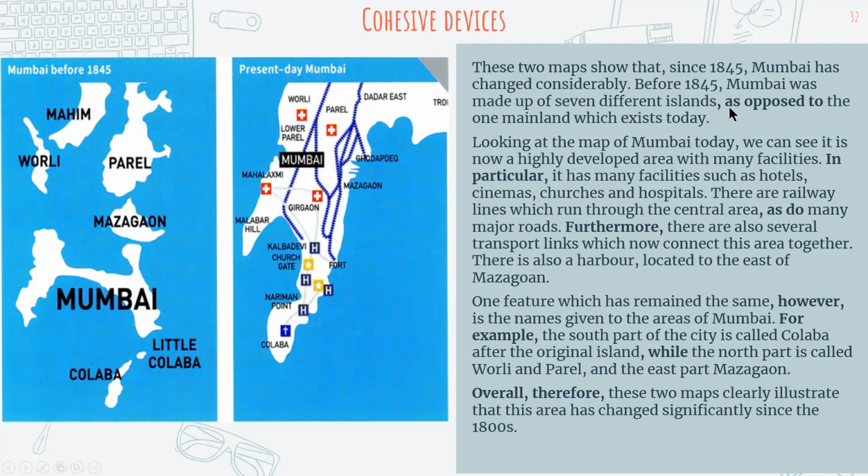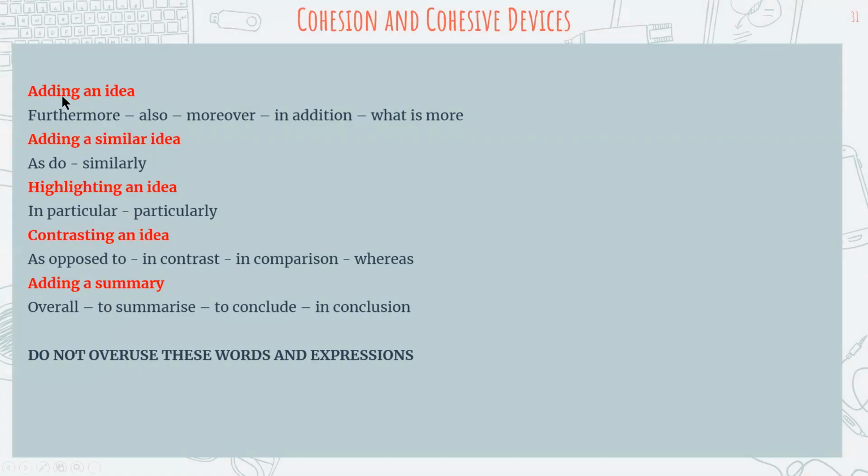As opposed to the one mainland which exists today. In particular, it has many facilities such as, then as do many major roads, because we are adding something similar. If you go back here, we are adding a similar idea, as do or similarly.